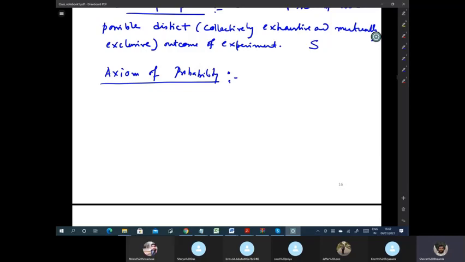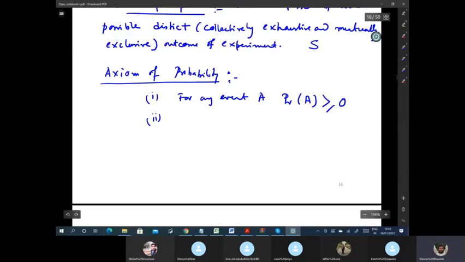So for any event A, there are three axioms of probability. For any event, say A, I call it PR, the probability. PR of A will always be greater than or equal to 0, so it is a non-negative number. And if S is the sample space, then PR of S will be equal to 1.